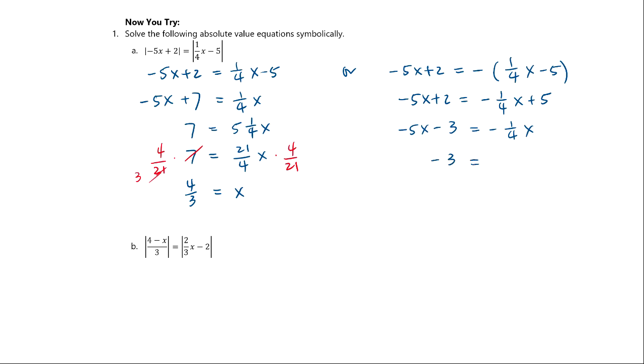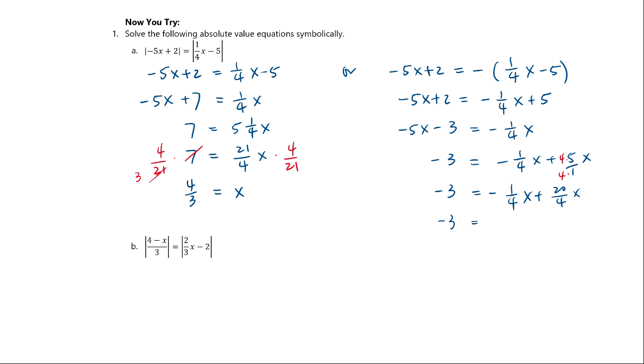And if this wasn't readily obvious to you, you can write out negative 1/4 x plus 5x. To simplify it, in order to rewrite 5, this is really 5/1, and I can multiply 4 on both sides. And that gives me negative 1/4 x plus 20/4 x.